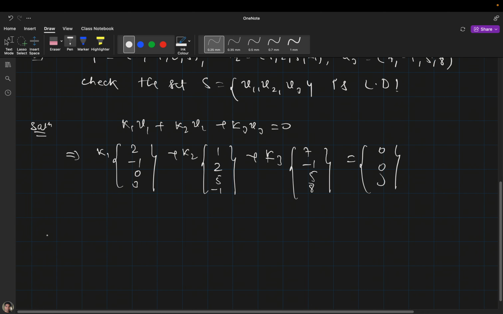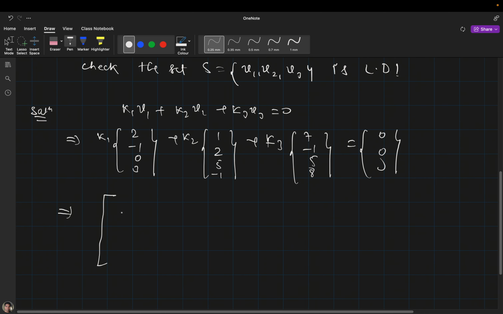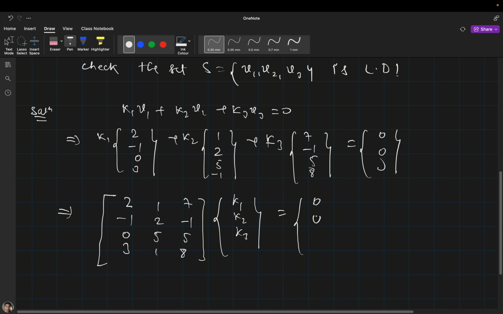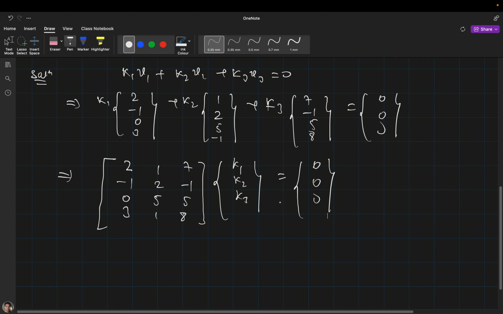Now can we write it in this form also? Can you write it like this?